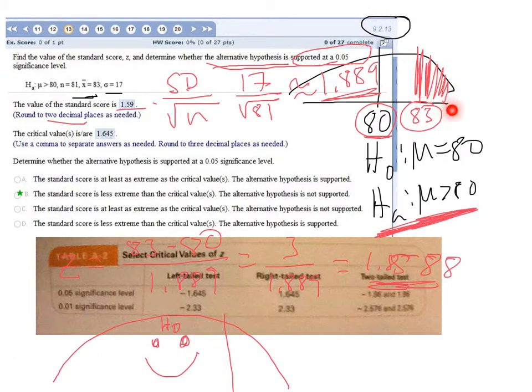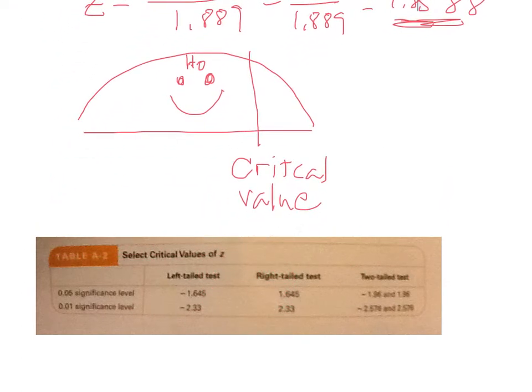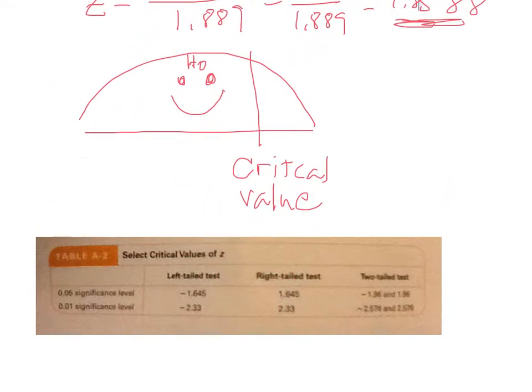A left-tailed test would be over here. I will always make a little sketch like this when I'm doing significance testing. So I'm going to look at my table. It's a right-tailed test at a 5% level of significance. So the cutoff for that happy place, the critical value, is 1.645.